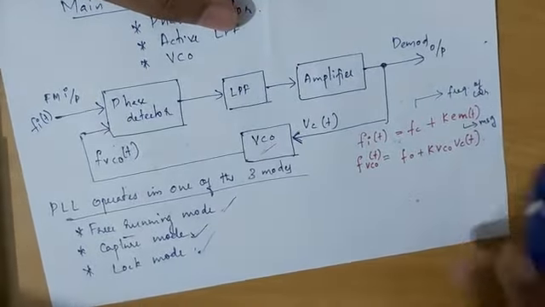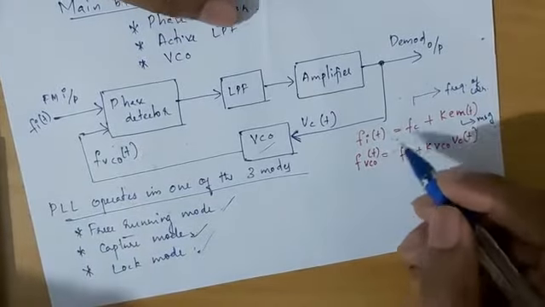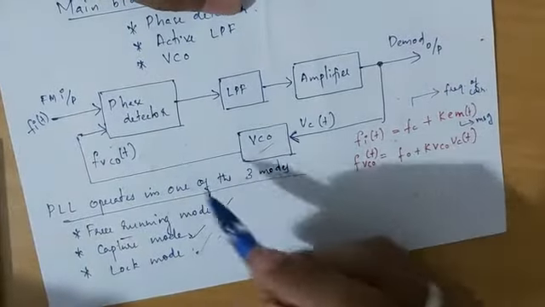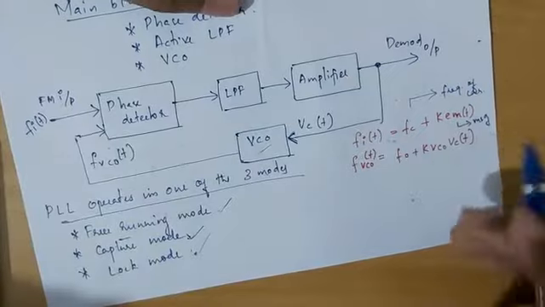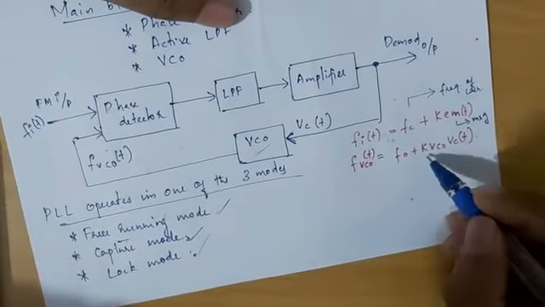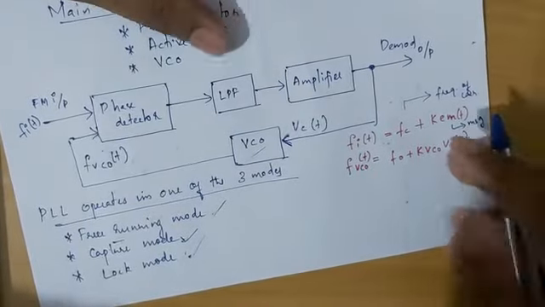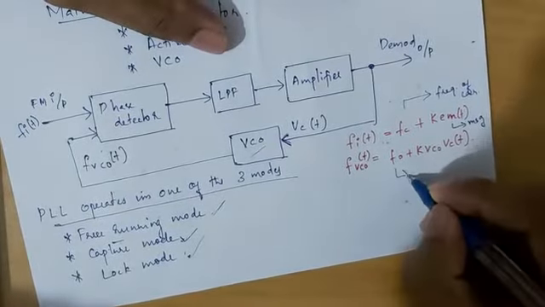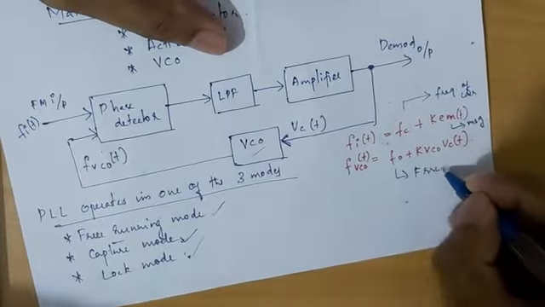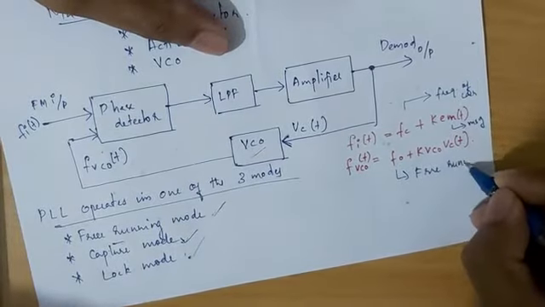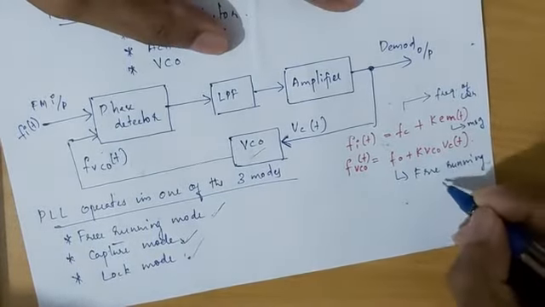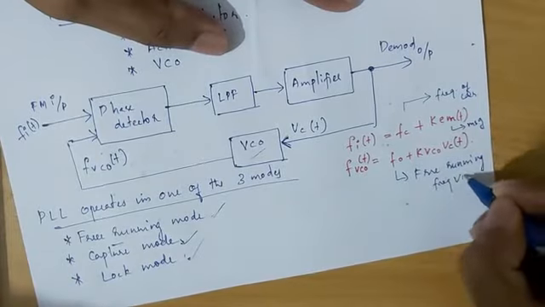And here f VCO of t is the output of the VCO. It can be represented as F0 plus K VCO into v VCO of t. This F0 is the free running frequency of the VCO.